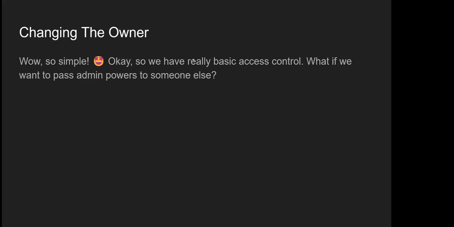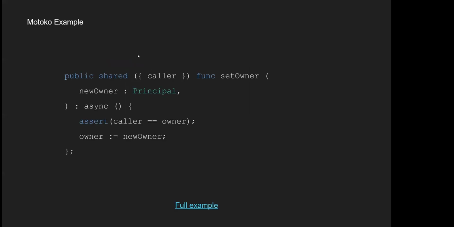But what if we wanted the ability to maintain a group of admins who are allowed to do certain things? This is going to be really similar, because we're going to use basically the same method. Oh, actually, I'm getting ahead of myself. Sorry.